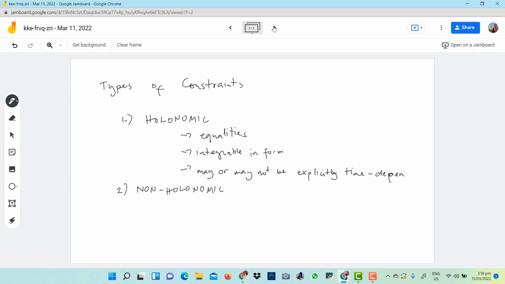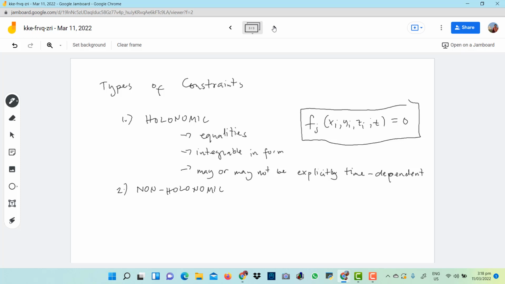So, the form should be like this: a function f_j, for example, of positions x_i, y_i, z_i, and then it can be a function of time t, equal to 0. So that is the form. You should transpose all variables and all expressions to the left side of your equation.